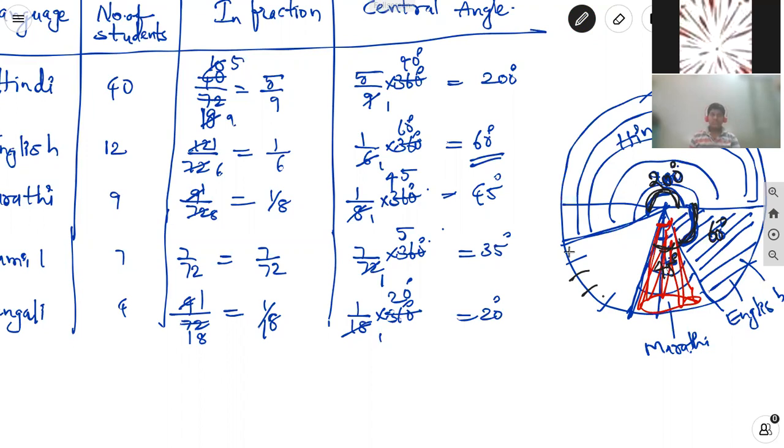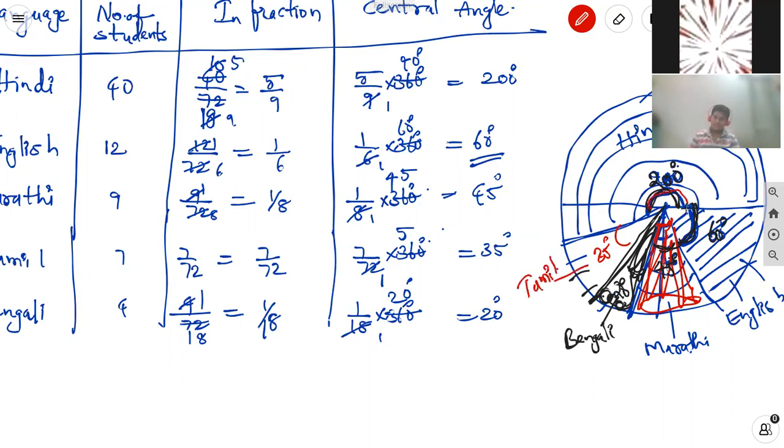It's 10 degrees, 45 degrees. In this 35. It is 15 plus 5, it's 20. 20 degrees is Bengali. Next, 35 degrees is the Tamil.